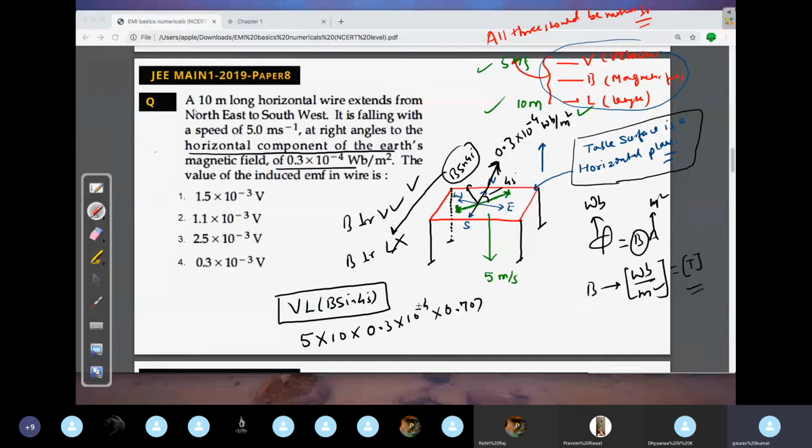This is what we have. We have to make this 10 to the power minus 3 now. By the way, all the answers are given in scientific notation here. So now we can solve it.